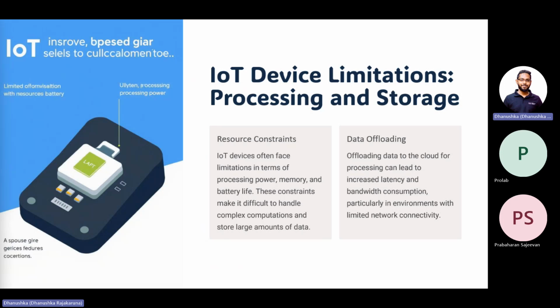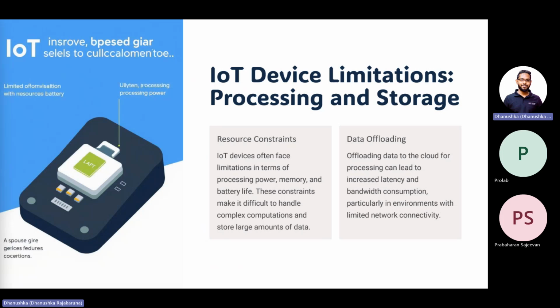So the strategies to mitigate resource constraints are efficient data handling through data compression, selective data collection or data summarization. Energy optimization can implement power-saving modes and low-power communication protocols like Zigbee or LoRaWAN.